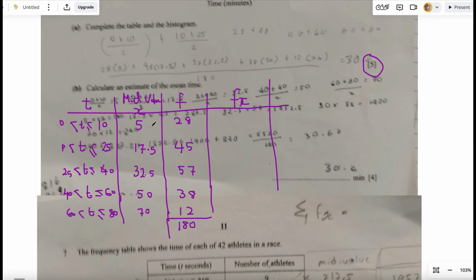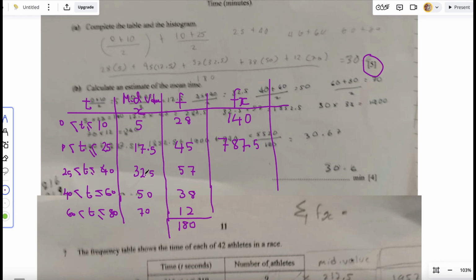Now let's calculate fx. To do fx, we say 28 times 5. 28 times 5 is 140, so you write 140 here. The next one is 17.5 times 45, which gives 787.5.